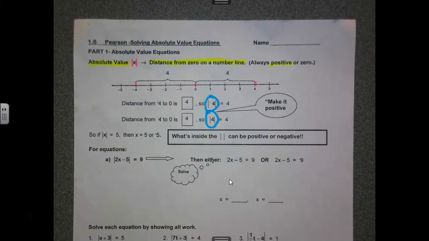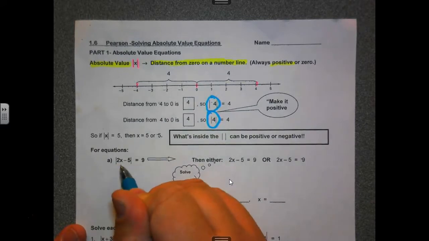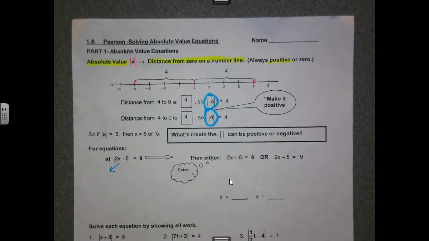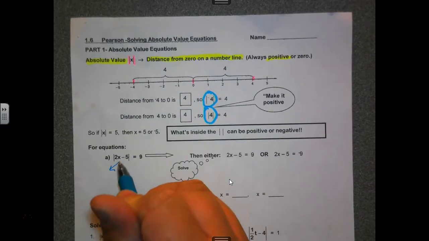Okay, so like I said, in order to drop our absolute value symbols, you take what's inside. Now, I always like to put my negative on the left-hand side. I'm kind of weird because I think all the other math teachers put the negative on the right-hand side. Anyway, I like my negatives on the left-hand side.